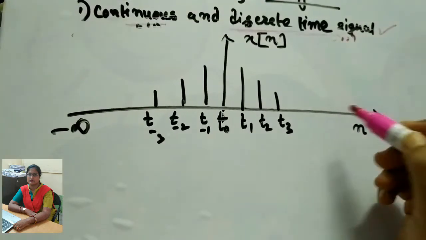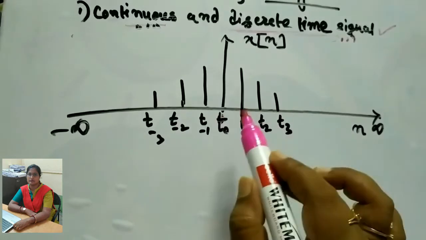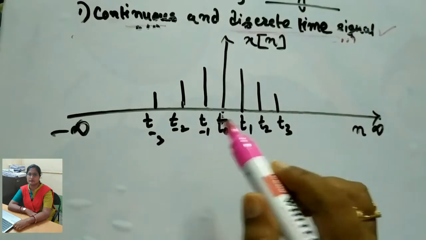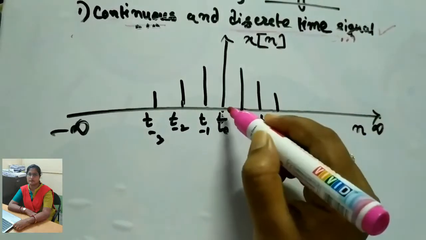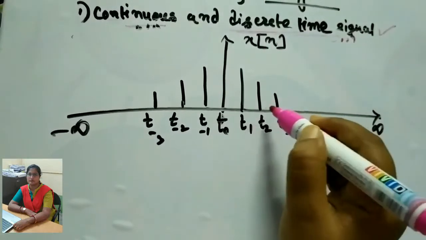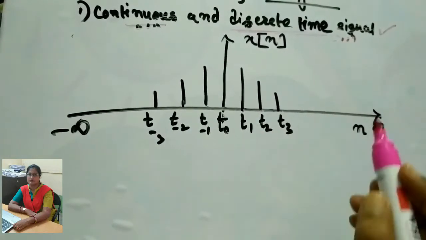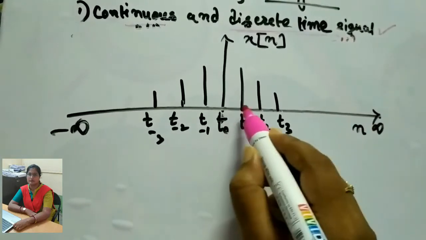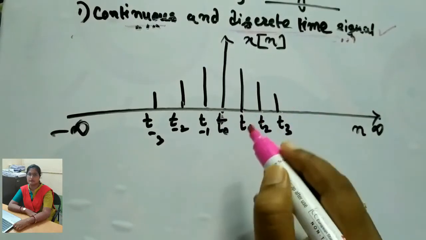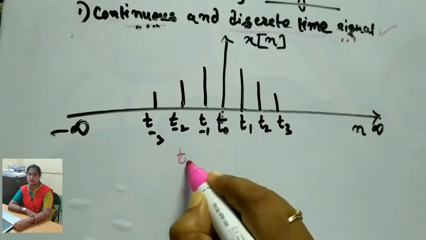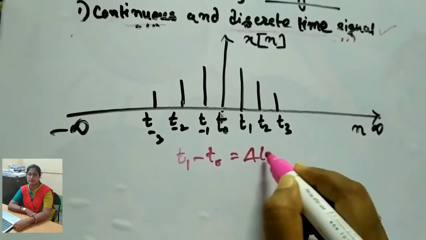We are taking another example of a discrete time signal. Suppose it is a discrete time signal where x(t) or x(n) occurs at particular intervals, and the time interval between two pulses, that means t1 minus t0, is equal to del t.